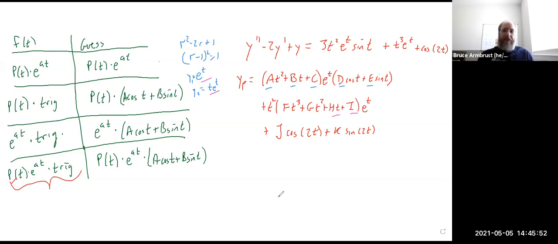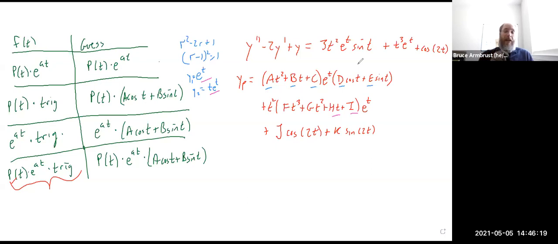Well, obviously, this can get as big and as ugly as we allow that non-homogeneous form to be. But at the end of the day, we're just making a guess. We're looking at that form and going, all right, to get that form, I need a polynomial times e to the t.